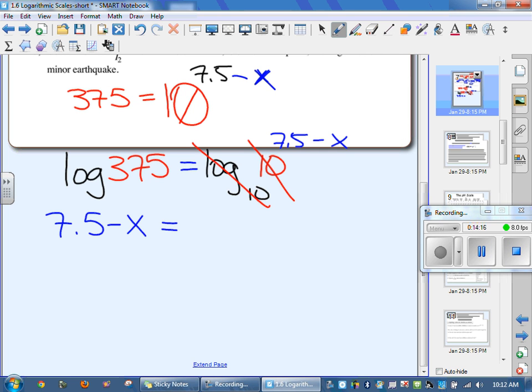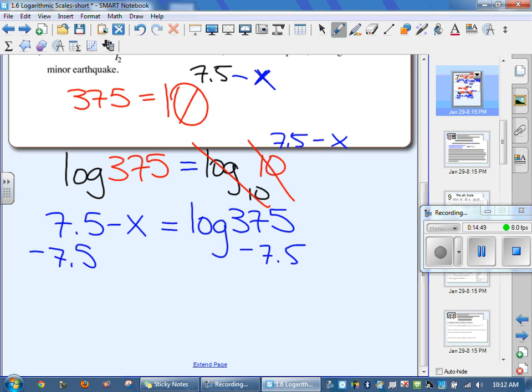I just switched them places left to right. Am I able to do that? Yes. Okay, there's an equal sign. You can switch things side to side if you switch the whole left and the whole right. Okay? Now we need to get rid of that 7.5. How do I get rid of a positive 7.5? We're going to subtract it. So we're going to subtract 7.5 to both sides. Now, since I'm subtracting 7.5, we're actually going to put that out front of log.